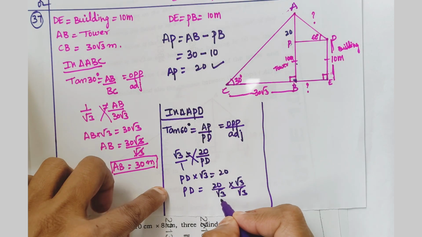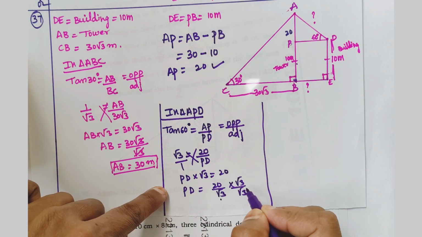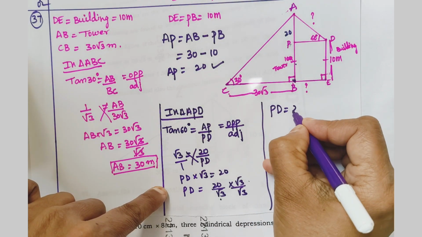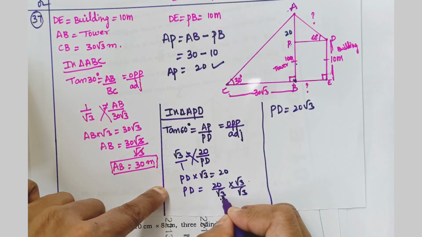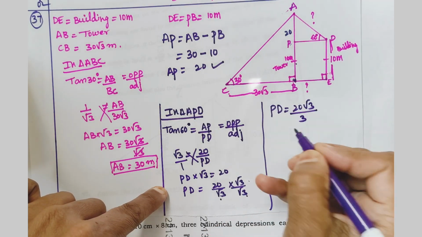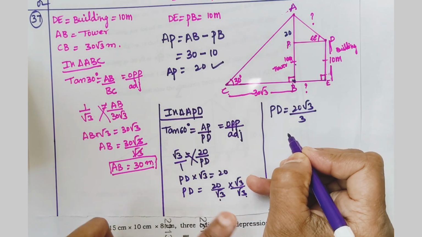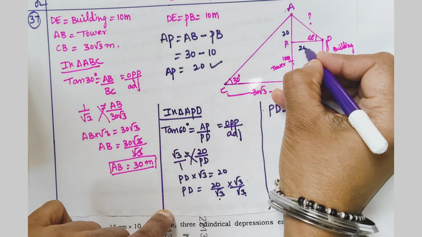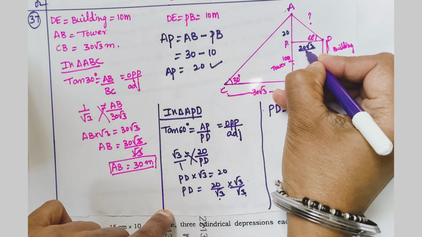Rationalize the denominator, which means multiply by root 3 over root 3. So here you will get PD is equal to 20 into root 3, 20 root 3, and root 3 into root 3 is 3. So PD is equal to 20 root 3 by 3.